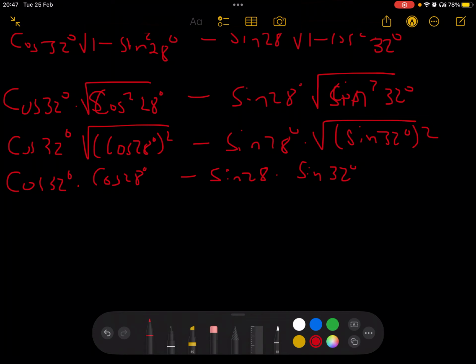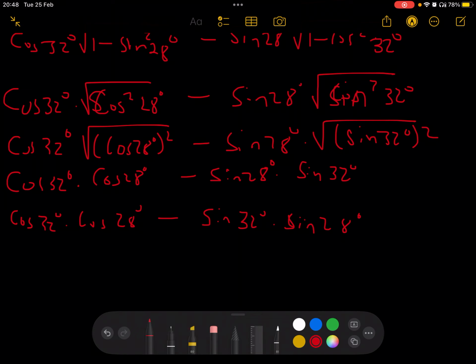Now this looks like one of our, what do we call them, compound angles, but on the sine ratio side, it should be well ordered as cos 32 degrees, cos 28 degrees minus sine 32 degrees, sine 28 degrees.